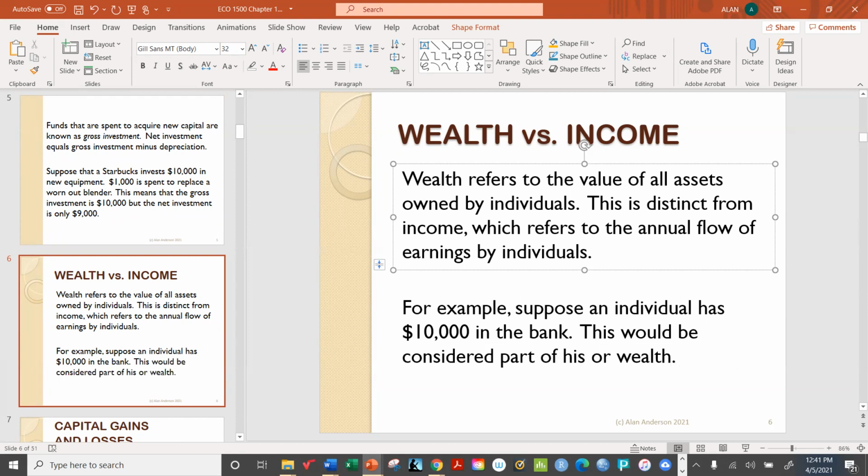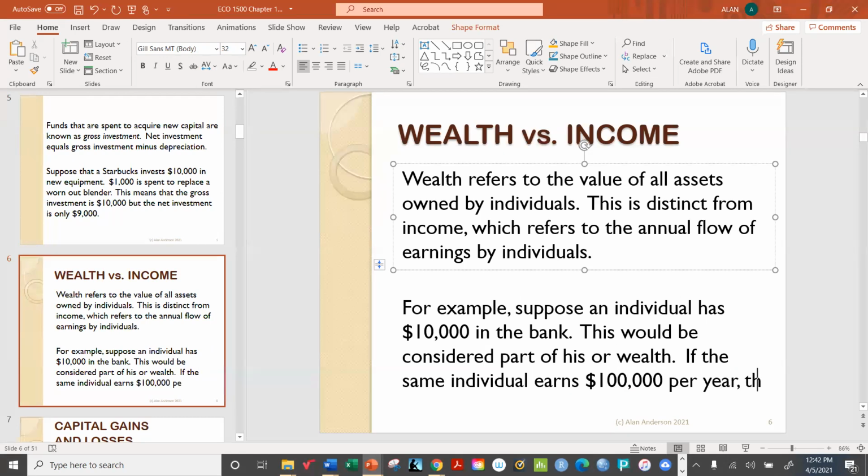Now, the income, though, is how much you earn per year. If the same individual earns $100,000 per year, this is the individual's income. Now, some of that money might end up being put in the bank and becomes part of his or her wealth. But right now, at this point in time, we would say that this person has $10,000 worth of wealth in the bank, and they also earn on top of that another $100,000 a year.